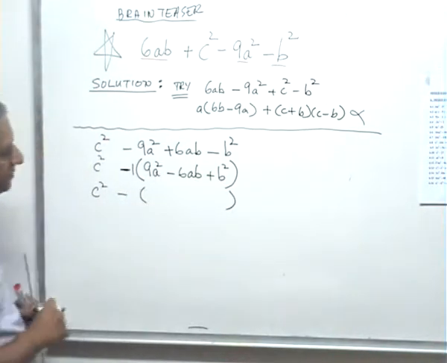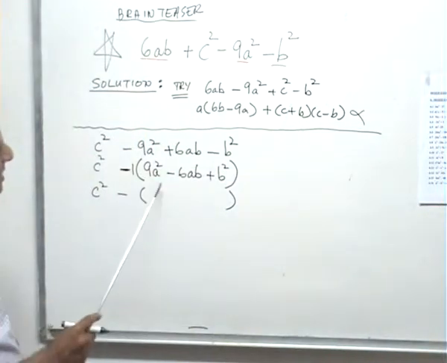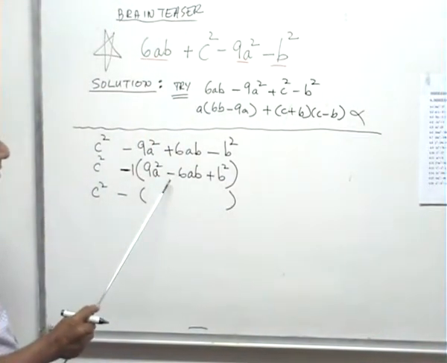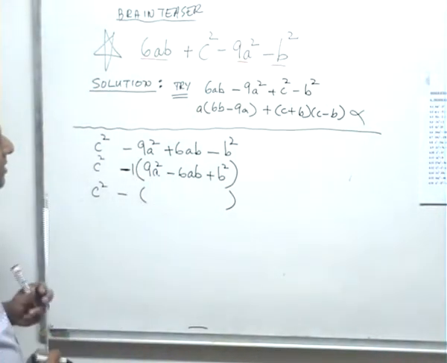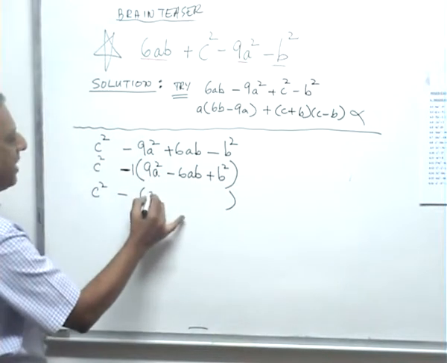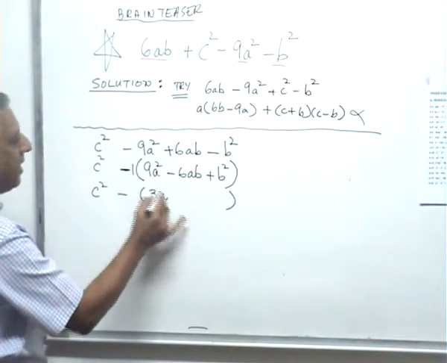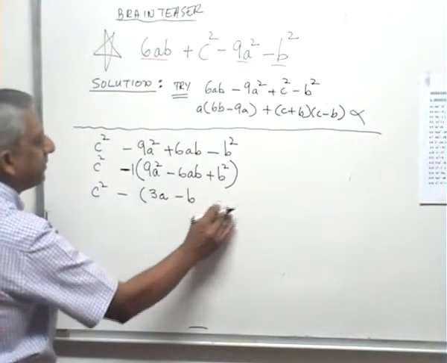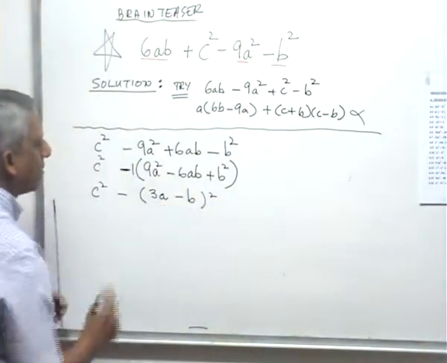at this part here, and I realize that this can be factorized. This is a trinomial that can be factorized, and it is actually 3a minus b all squared.